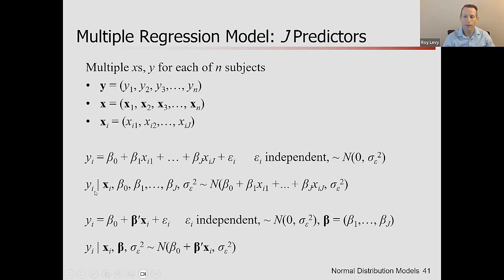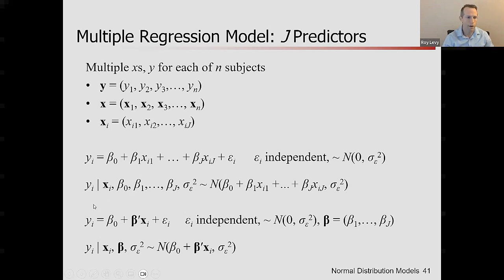We could also write that as a distribution. That is, this is an equation-oriented lens. An equivalent representation is as a distribution, which is that the outcome y, conditional on the predictors x and all the regression parameters, intercepts, slopes, and error variance, is a normal distribution with mean given by intercept plus slope times predictor plus slope times predictor, and so on for as many predictors as we have, and then variance given by error variance.